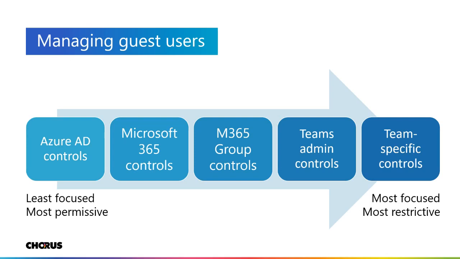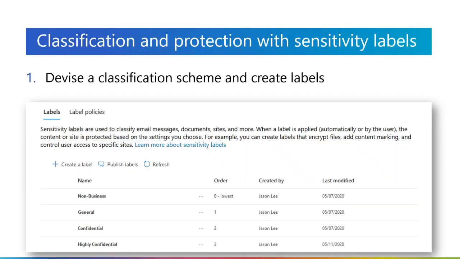So I think the problem with these controls is they're either too broad, so you're enabling or disabling guest access for every single team in one fell swoop, or they're too specific. You're changing settings on a team by team basis, which is going to be pretty onerous if you're trying to manage this from a central team. So to find a middle ground, you need a classification scheme, and this is where classification with sensitivity labels comes in.